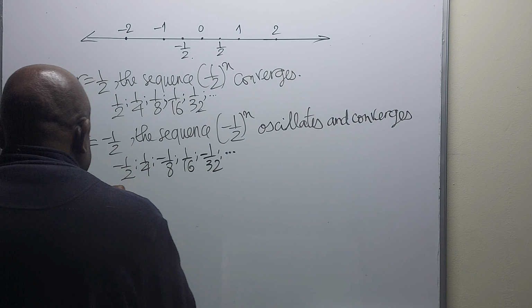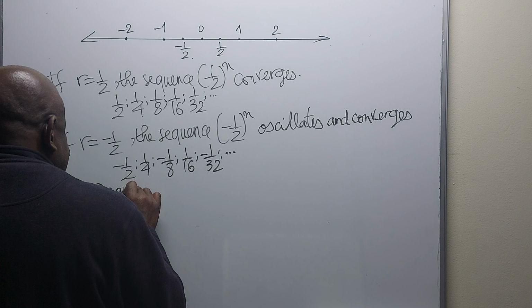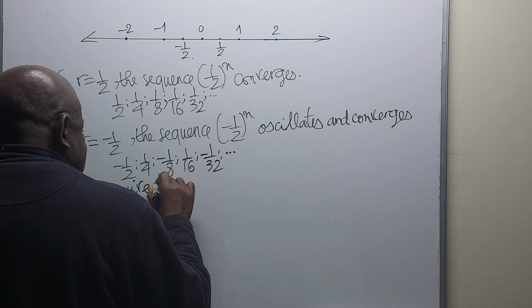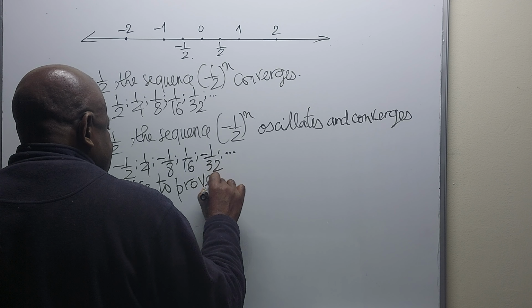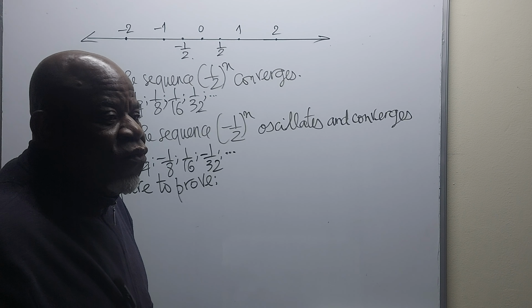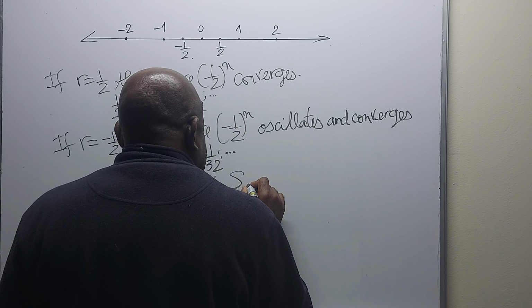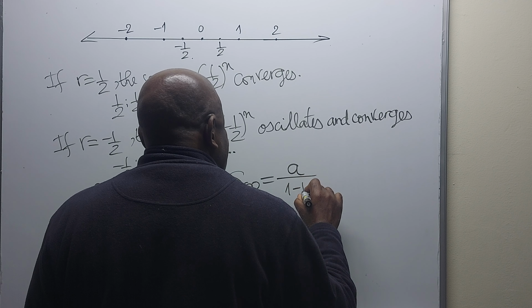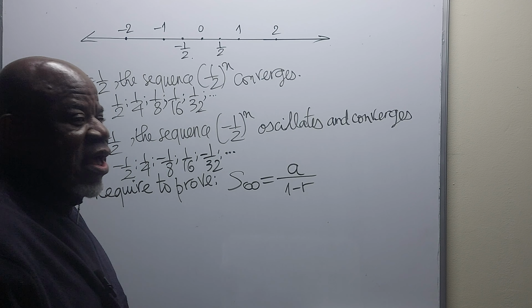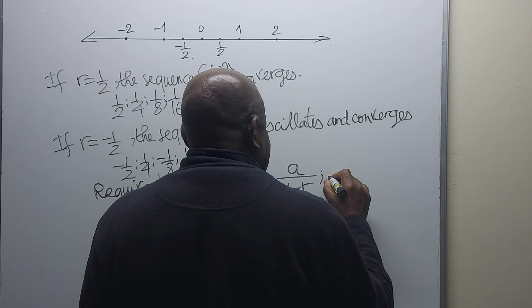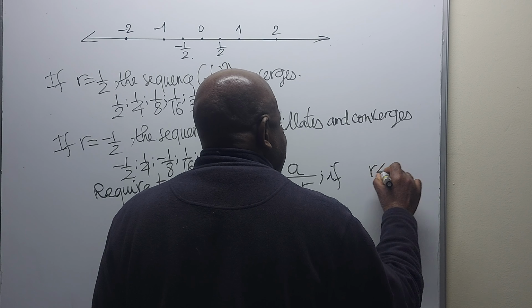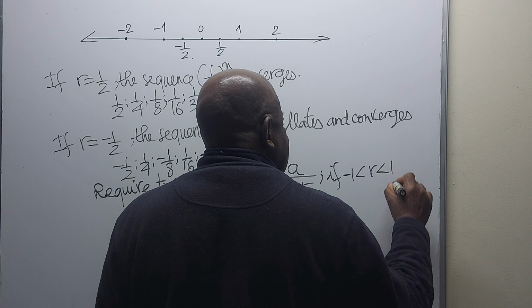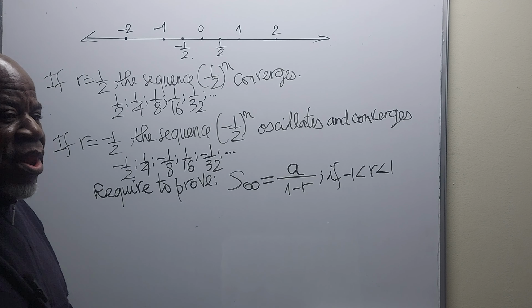Required to prove: the sum to infinity will be equal to a/(1 - r) if our common ratio is between -1 and 1.